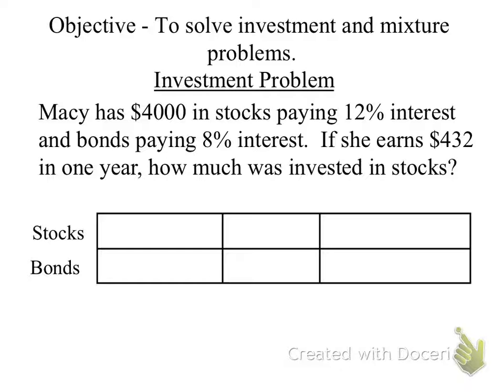So, Macy has $4,000 in stocks paying 12% interest and bonds paying 8% interest. Okay? Just like we did before. This is the amount. You should be writing while I'm writing. This is the units, and in this case, my units is in percents. Is equal to a product. What does it mean, a product?